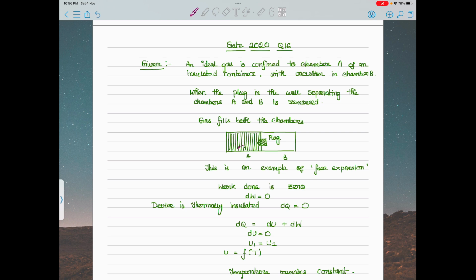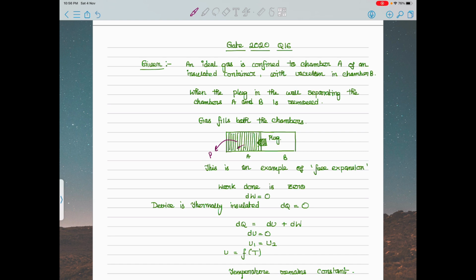There is a porous plug which is generally separating the two walls, that is A and B, and this plug has to be removed, and the gas which is there will automatically come freely without any force given. So initially it might be having some pressure P, but when this wall or porous plug is removed, then this gas will freely expand.